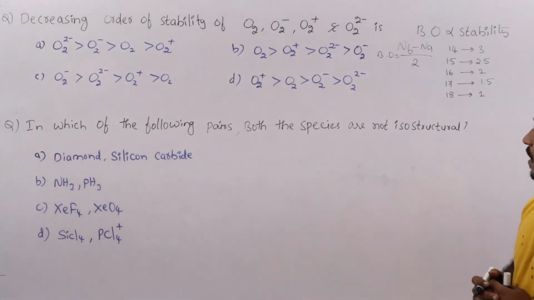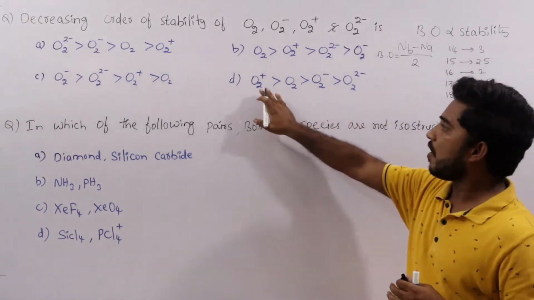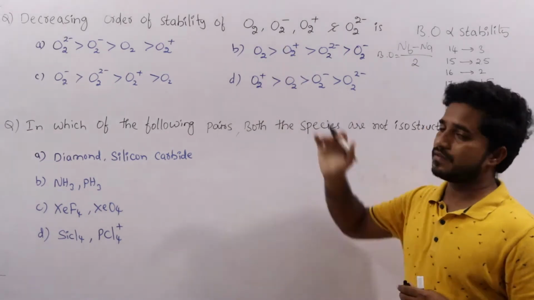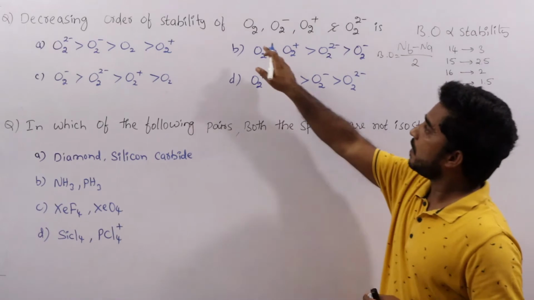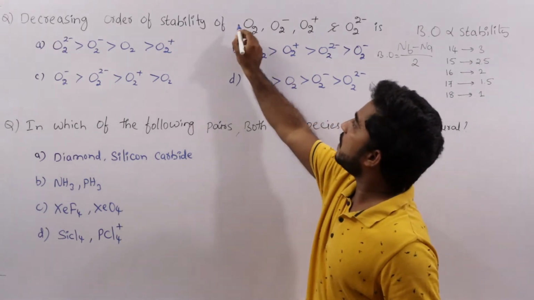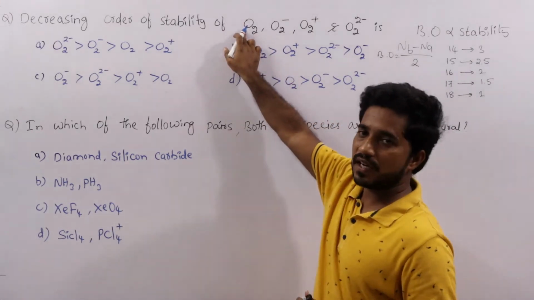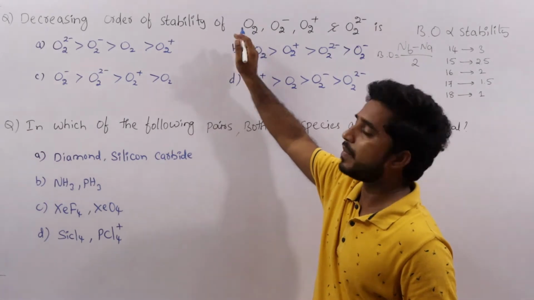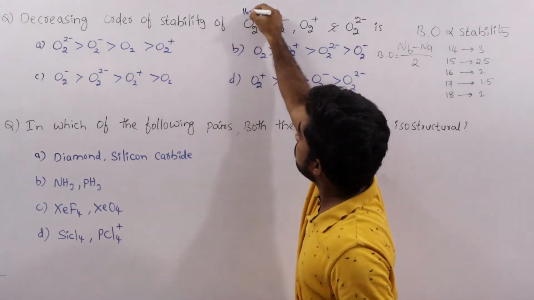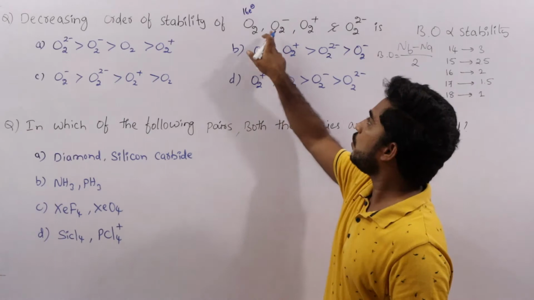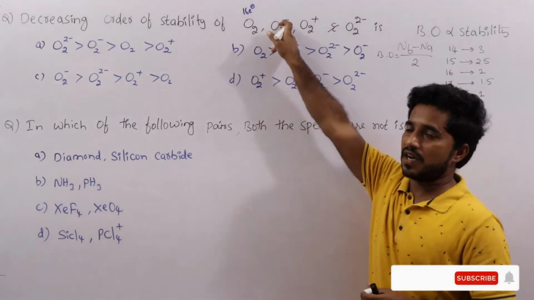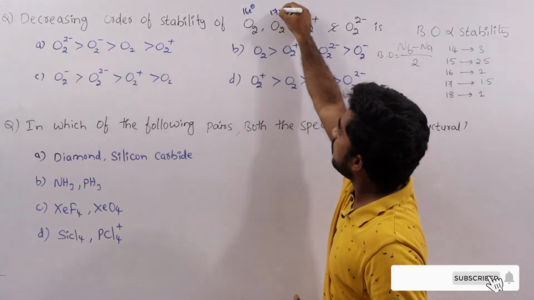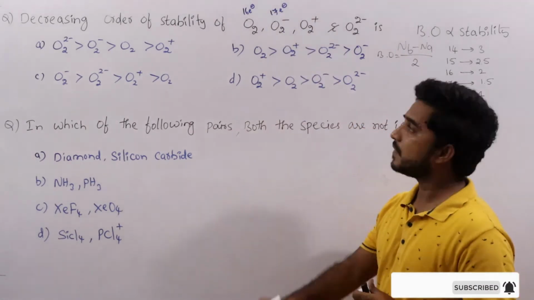First find out how many electrons are there in the given species. In O2, each oxygen has 8 electrons, and 2 oxygens are there, so 8 plus 8, 16 electrons. O2 minus has 16 electrons plus 1 extra electron, so 17 electrons.